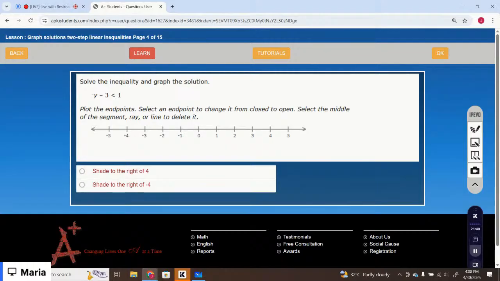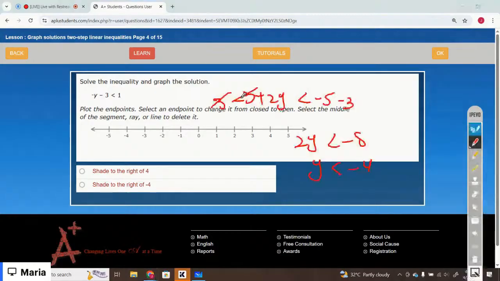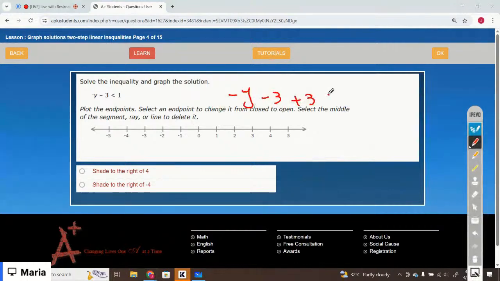Negative y minus 3 is less than 1. Add 3 to both sides. Negative y is less than 4. So y is greater than negative 4. So option 2 is the correct option.